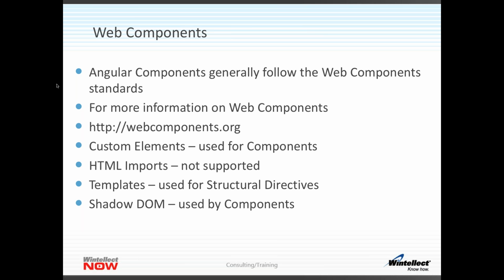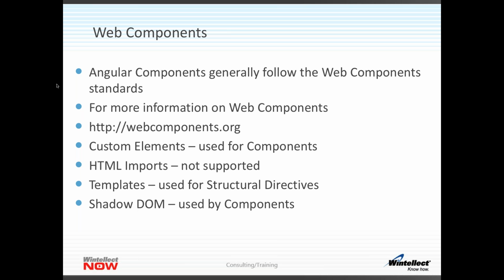Let's talk about web components here real quick. Angular sort of supports the web component standards. The support has changed a little bit as the versions of Angular have come out. But the idea of web components is that you can build your own component and drop it onto a web page and then make use of it.